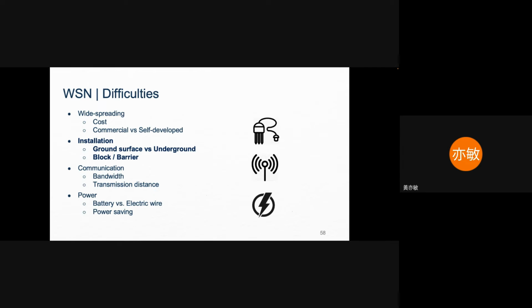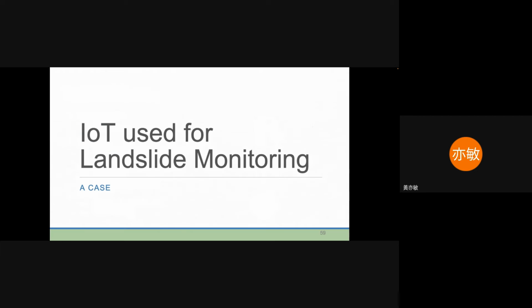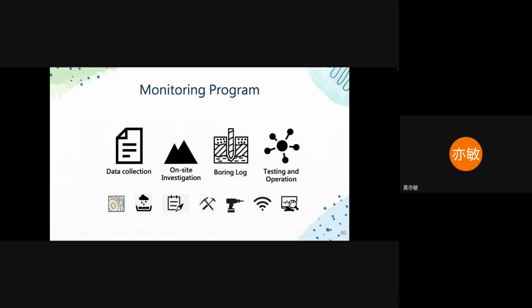Either way, our power has a time limit. Sometimes we will run out of power. How do we ensure the sensor can survive as long as we want? That is another issue about WSN applications. So now move on to the IoT.